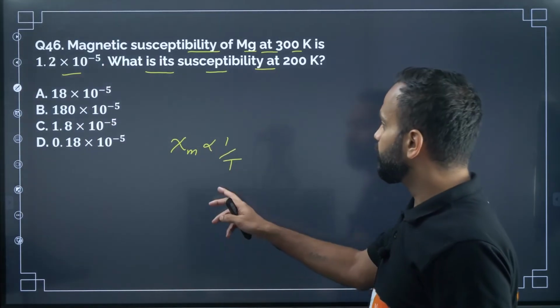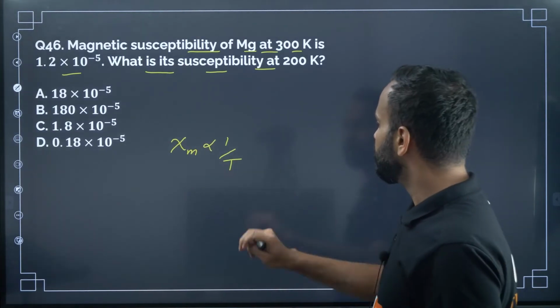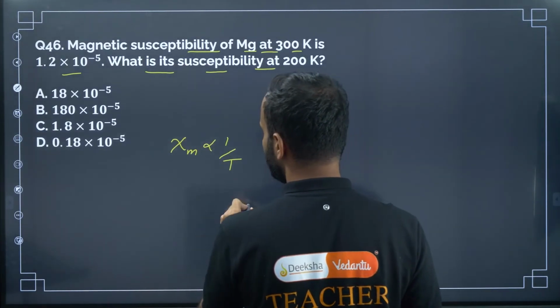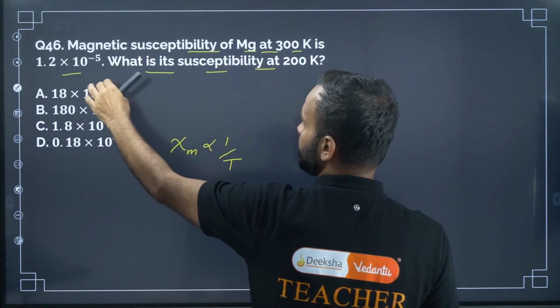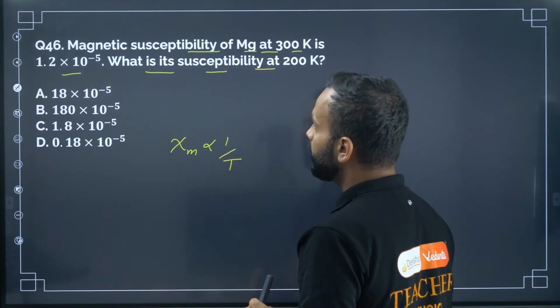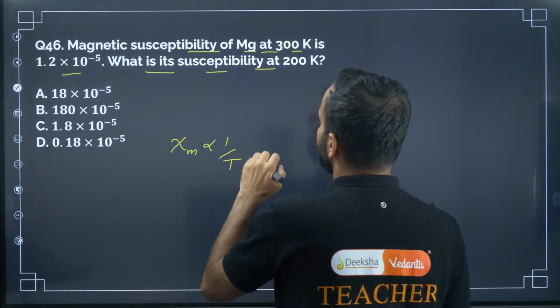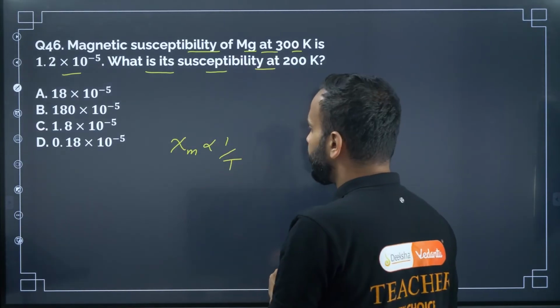So for magnesium at 300 Kelvin, the susceptibility is 1.2 into 10 to the power minus 5. At 200 Kelvin, we need to find the magnetic susceptibility.